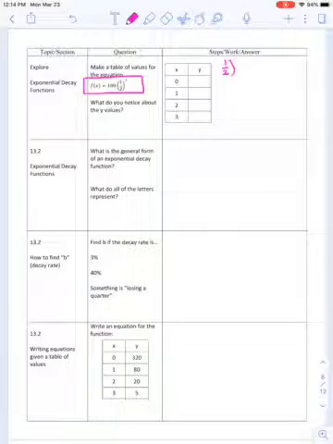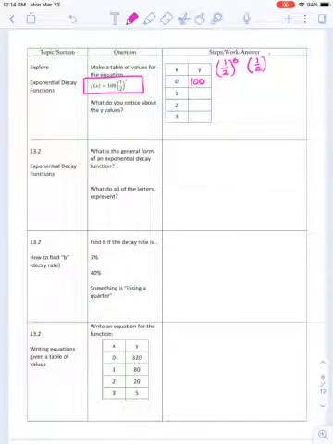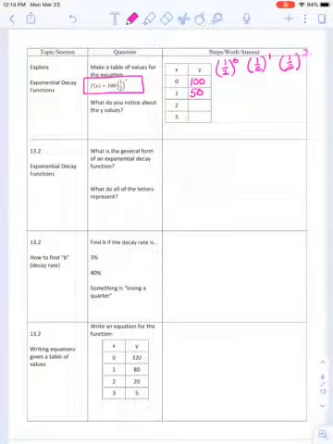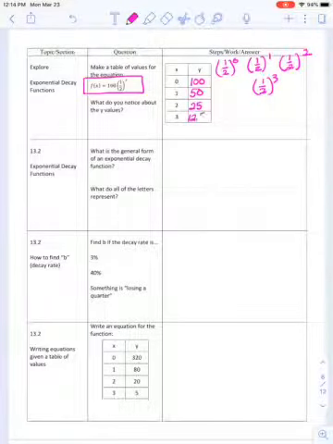So 1/2 to the 0 is 1 times 100. 1/2 to the first is 1/2 times 100. 1/2 to the second is 1/4 times 100. And 1/2 to the third is 1/8 times 100.